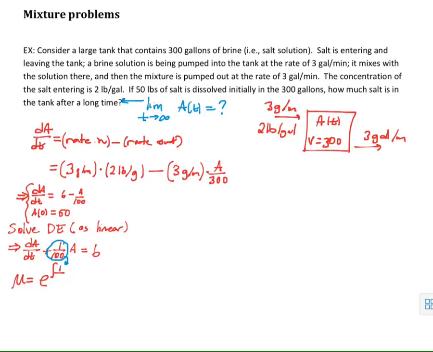That's 1 over 100 dt. Which means e to the t over 100. All right? Because the integral of 1 over 100 is t over 100, but it's still e to that power. And then what do we do with the mu?